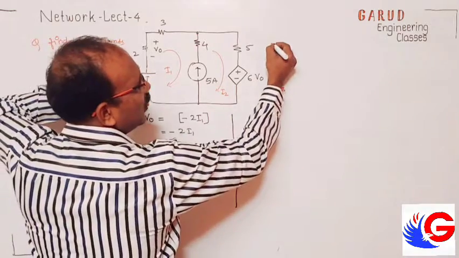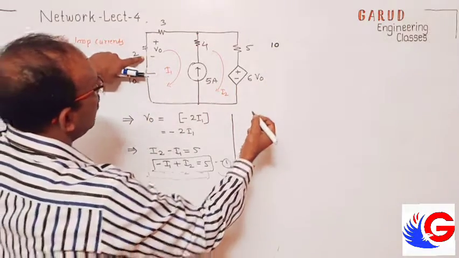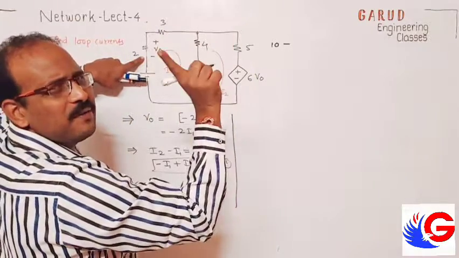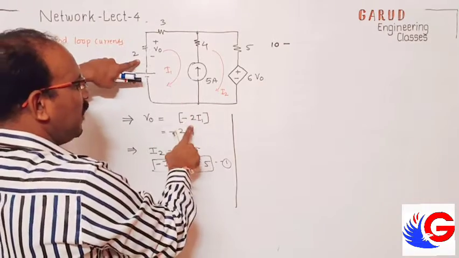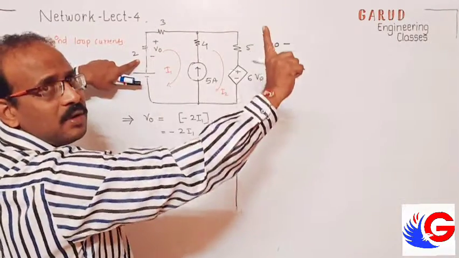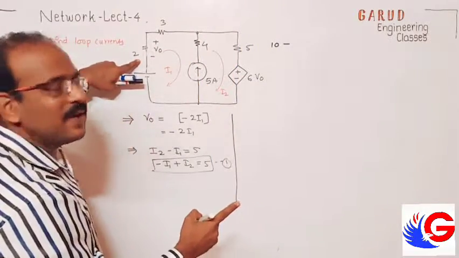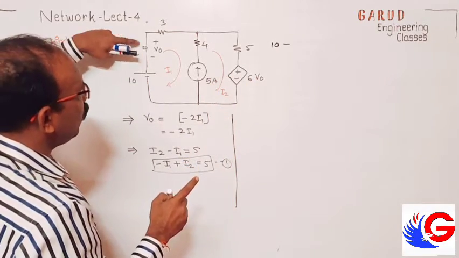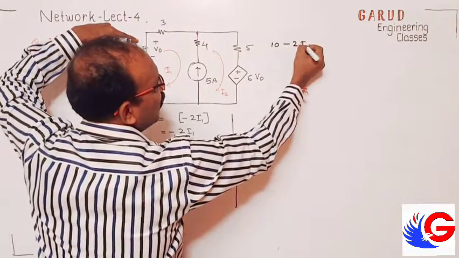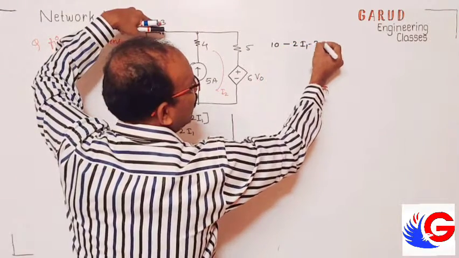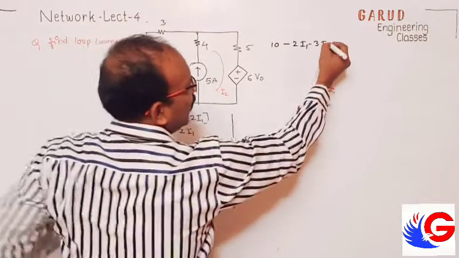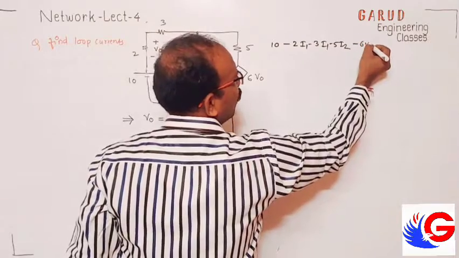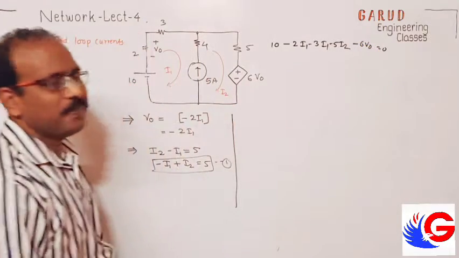If I start from here, 10 minus, now forget about this VO and all. You write an ordinary KVL equation. Once you have expressed it, forget it afterwards. You come to the B double. All drops are always minus: minus 2I1, minus 3I1, here minus 5I2, here minus 6VO equals 0.